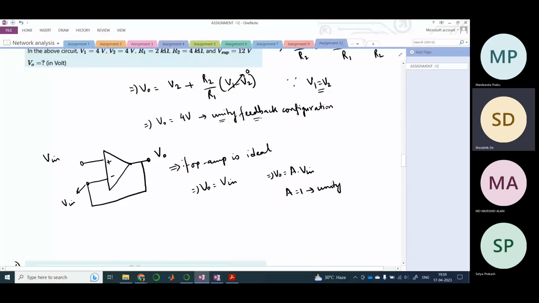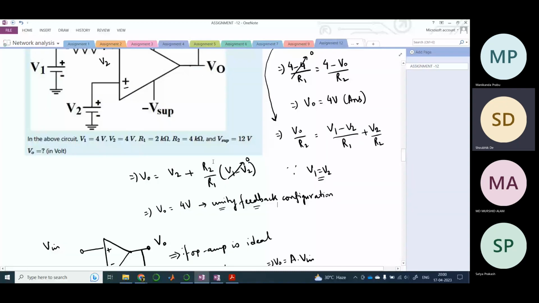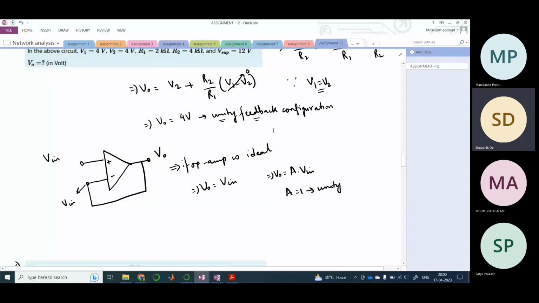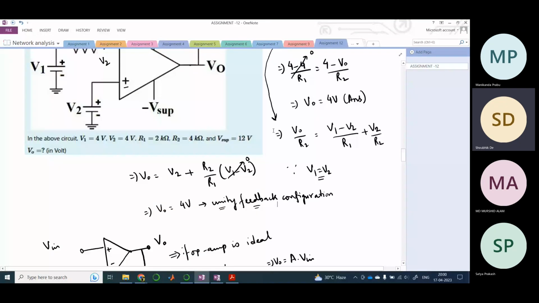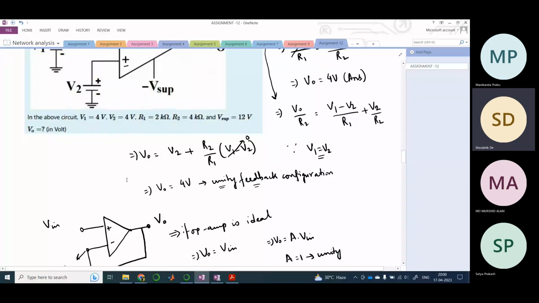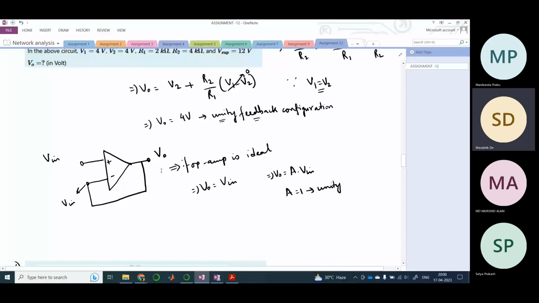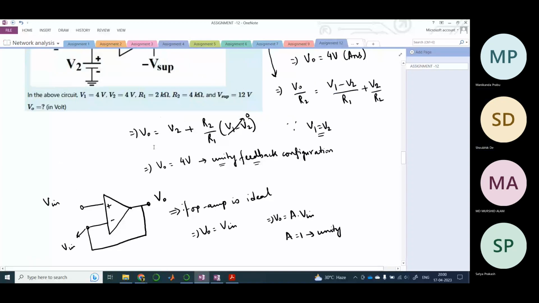That is why this circuit and this circuit are the same. Here also V1 is equal to V0 and here also Vn is equal to V0. So this is a unity feedback configuration. I hope this is clear. If you have any doubt, you can ask.